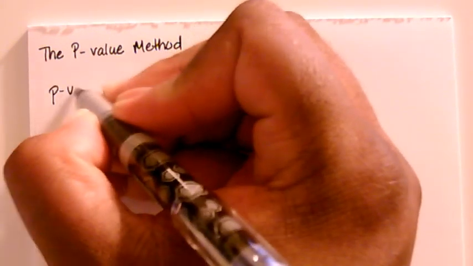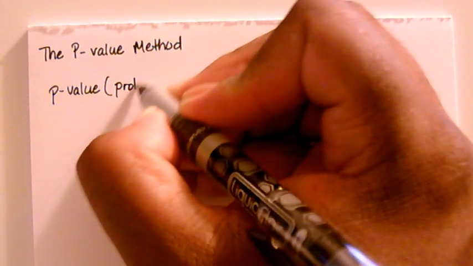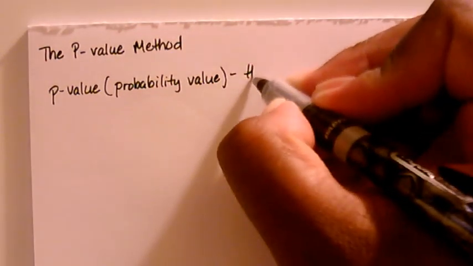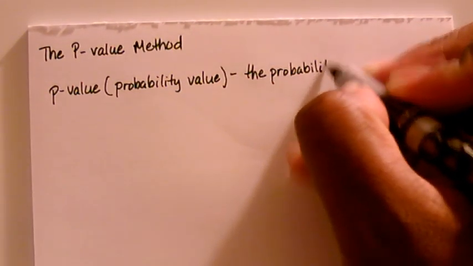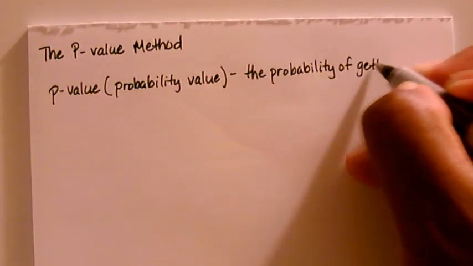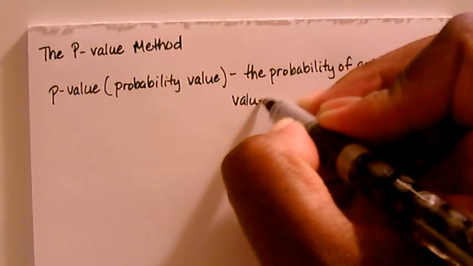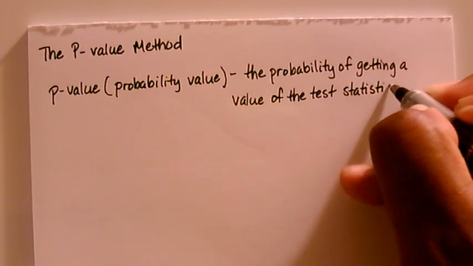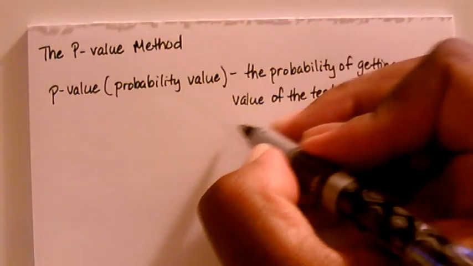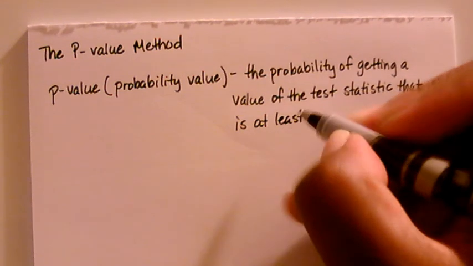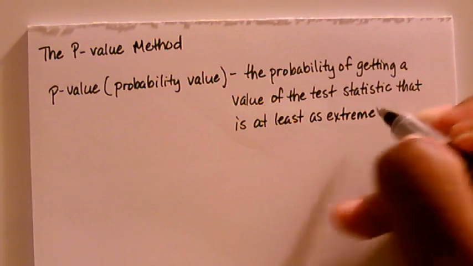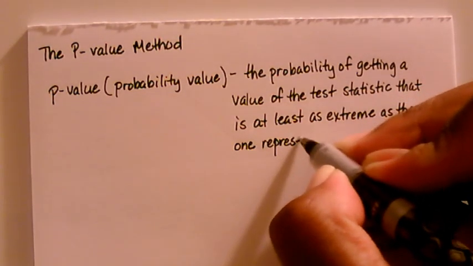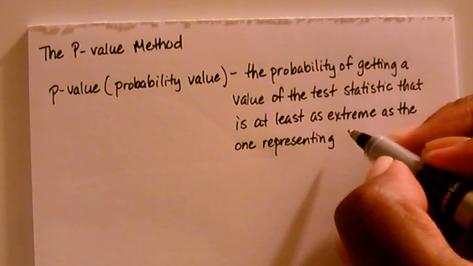And let's define what a p-value is. Sometimes it's called the probability value, because that's basically what it is: the probability of getting a value of the test statistic that is at least as extreme as the one representing the sample data.